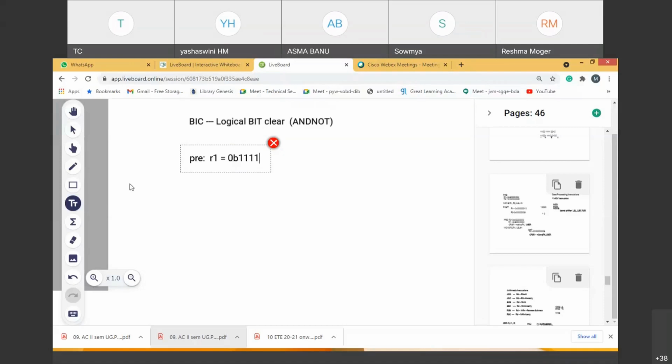Now for that you always have to have S as a suffix. Please remember, AND operation, OR operation, XOR operation, BIC operation, whichever you do, if you want to touch the CPSR, you need to add an extra S and rewrite the instruction accordingly.